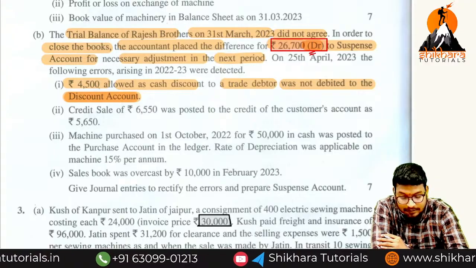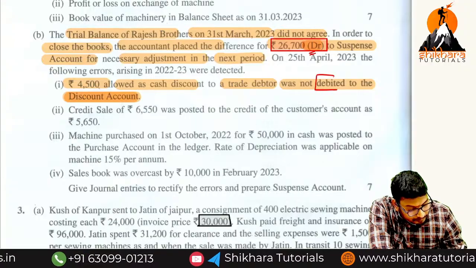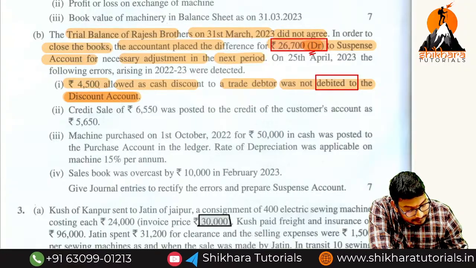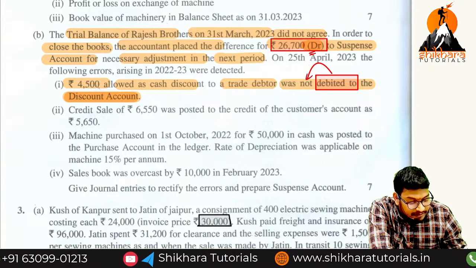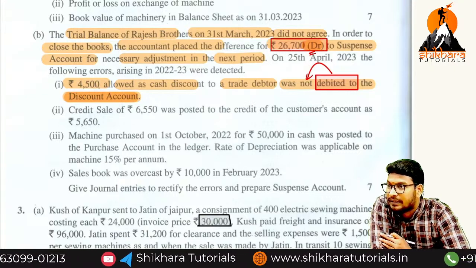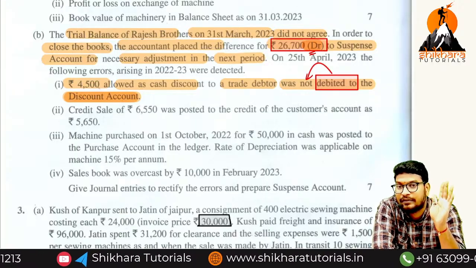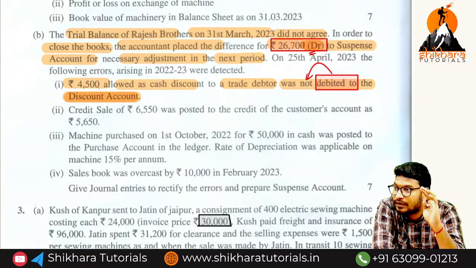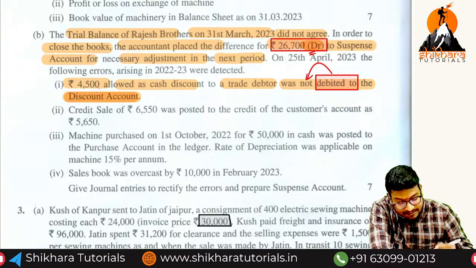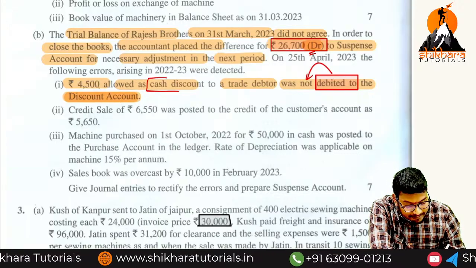If they have given the words debited to, that is an error of principle. But here they are using the words not debited to, which means it is not an error of principle. What is the entry for the cash discount? Discount allowed to a debtor.